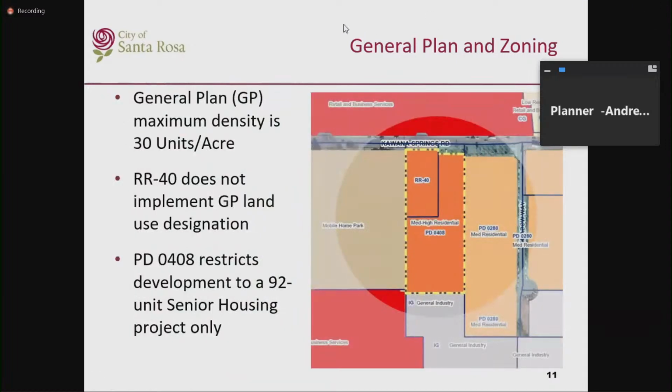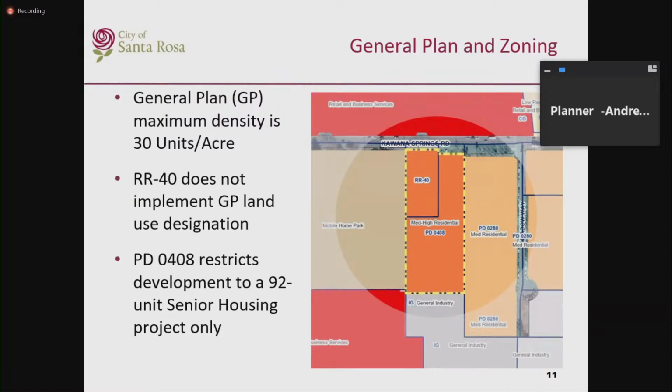So here, as we take a more specific look at the project site, we see that the general plan medium high density residential land use maximum density is 30 units per acre. The rural residential zoning district would not allow implementation of the general plan land use designation because that maximum density would exceed the maximum allowable density of the rural residential zoning district.